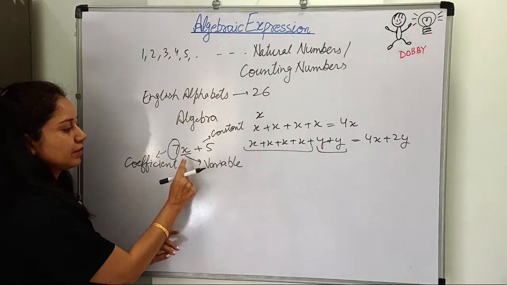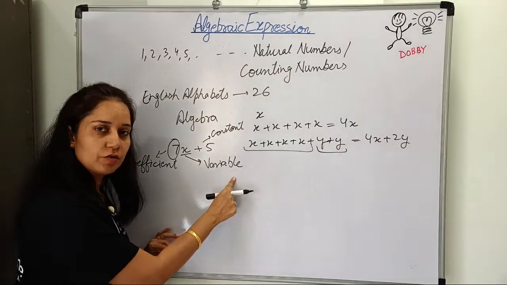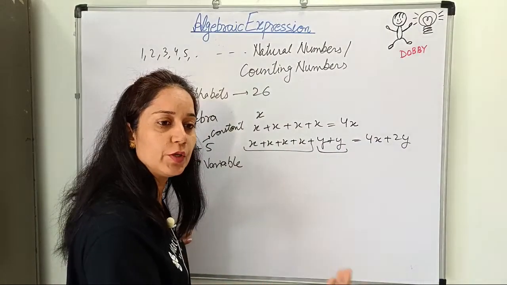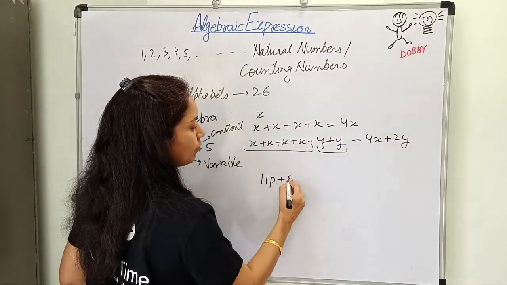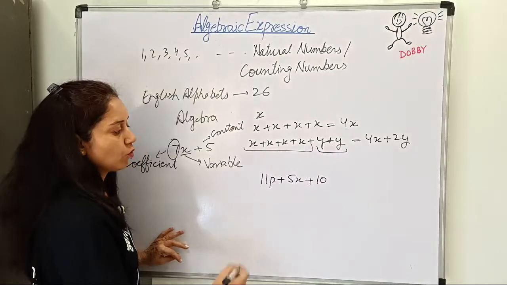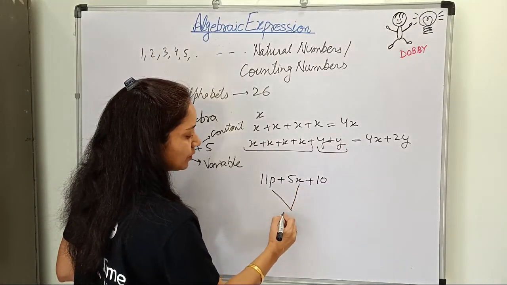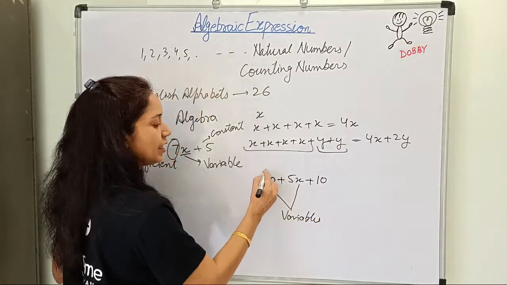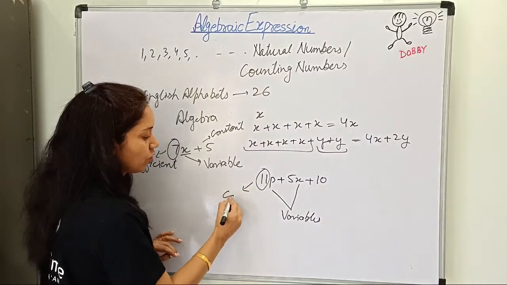Revise the things. The variable can change the values, that is why it is called variable. The alphabets x, y, z, m, n, p, q, r, it can be 11p plus 5x plus 10. What is the variable here? p is also a variable, x is also a variable. These two are variables. 11 is written in front of p. That is why it is called coefficient.